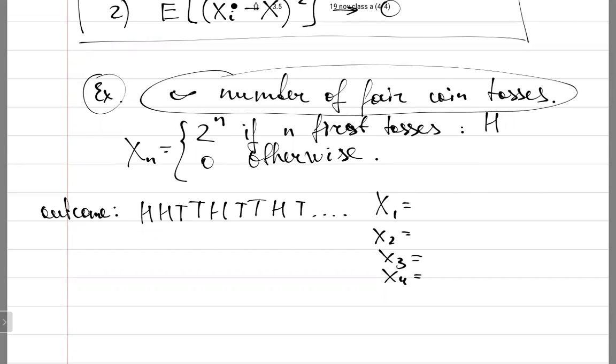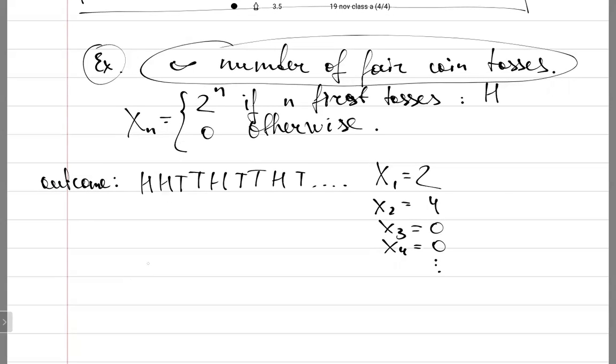Two. What is the value of x2? 4. What is the value of x3? 0, and so on. Or if I have outcome t, h, t, h, t, t, t, h, h, h, and so on, then x1 is 0, x2 is 0, and so on. These obviously are dependent random variables.